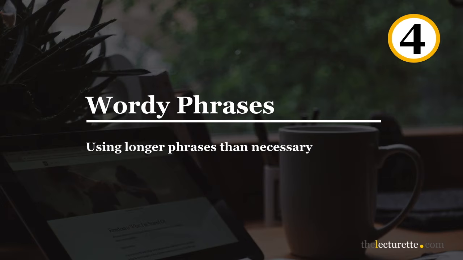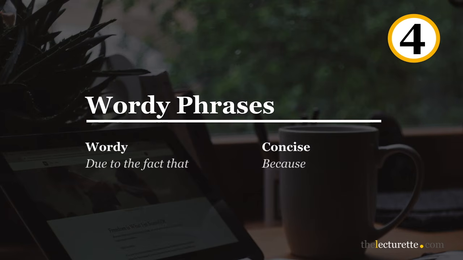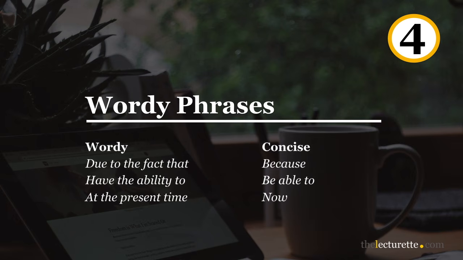Because of that, they are considered good style. However, they are not terribly effective. Examples are using due to the fact that, which means the same as because, or using have the ability to, which could be written as be able to, or choosing the expression at the present time, when now would do.